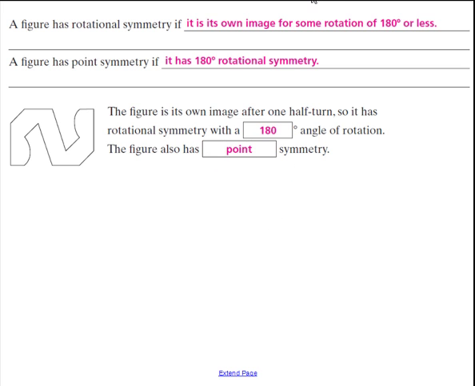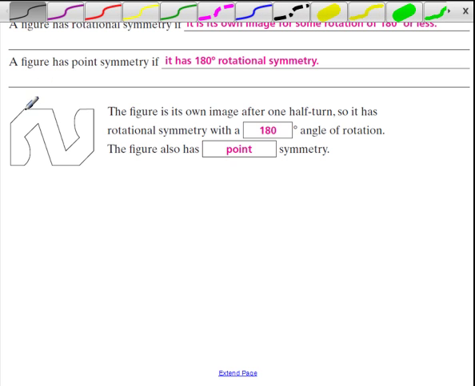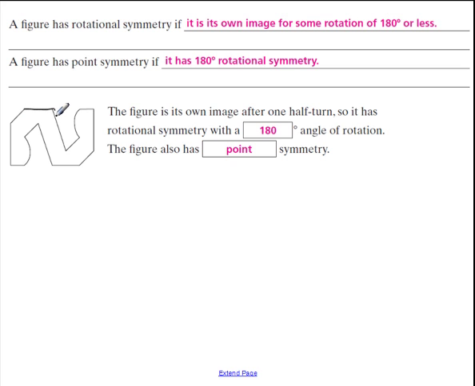And we can see this if we quickly just trace. It's going to be a little messy here, but you'll get the general outline. Right, so if we trace this figure, and then we rotate it exactly 180 degrees, so let me grab the image, and we're going to just rotate it around.